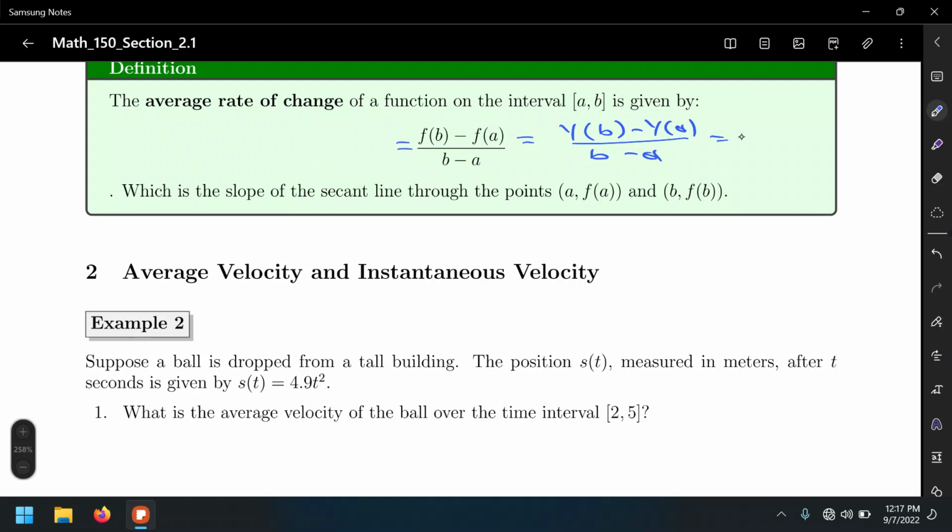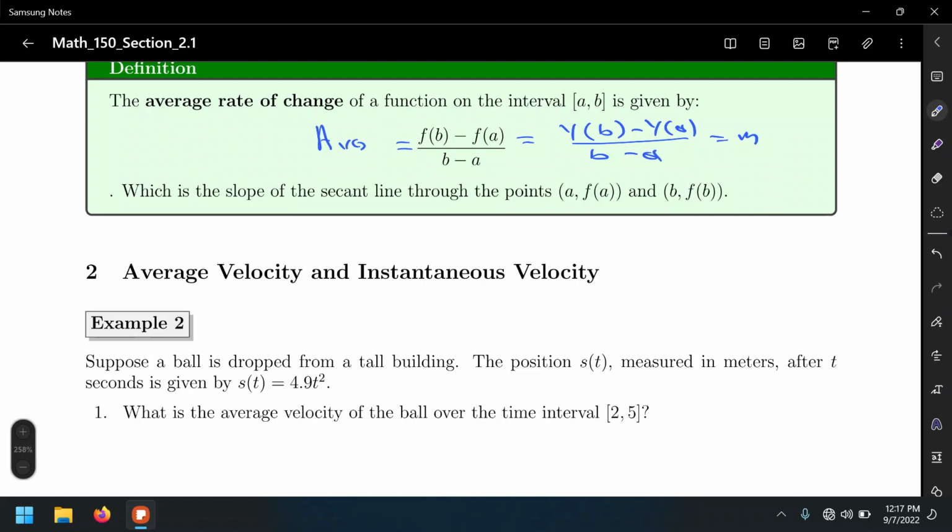This looks like the slope, isn't it? y2 minus y1 over x2 minus x1, but in this case we're coming up with different labels here. Alright, so this is the average rate of change. Now I'm going to label this AVH.